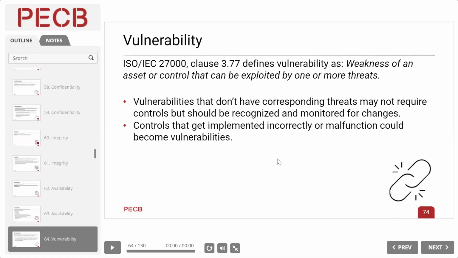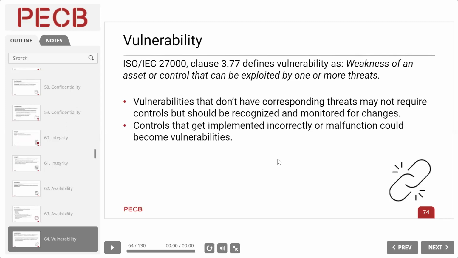Now, when we start the risk assessment, we start by looking at vulnerabilities. The first thing that we need to do is identify the assets. Once we've identified the assets, then for each asset, we need to look at what the vulnerabilities in that asset are.